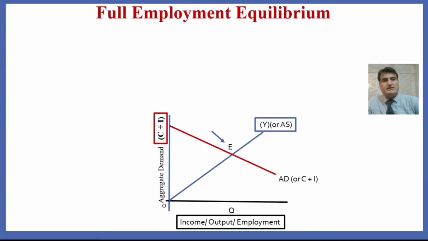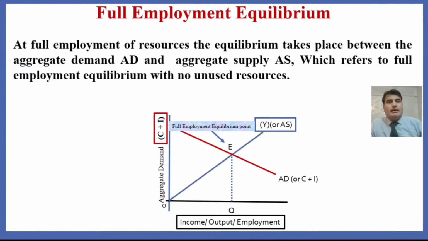E is the point of equilibrium where aggregate demand and supply are equal, and this is the employment equilibrium point, where the economy's total output or employment or income is equal to OQ. At full employment of resources, the equilibrium takes place between the aggregate demand and aggregate supply, which refers to employment equilibrium with no unused resources. So E is the point of full employment.